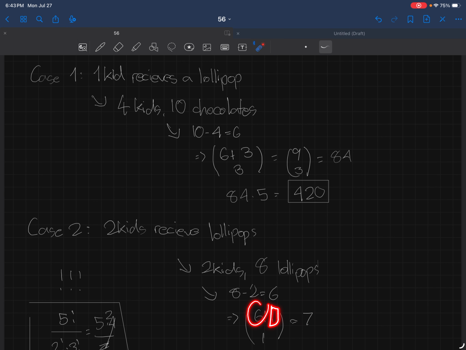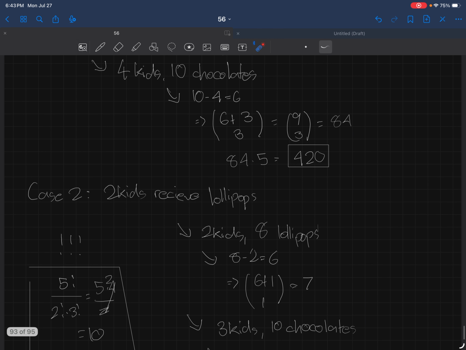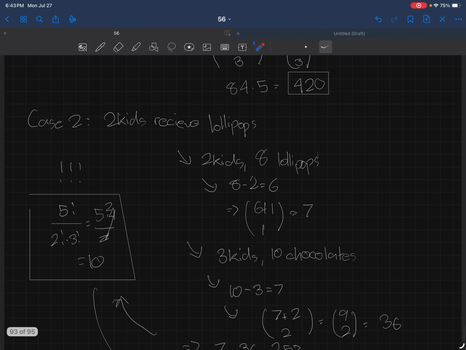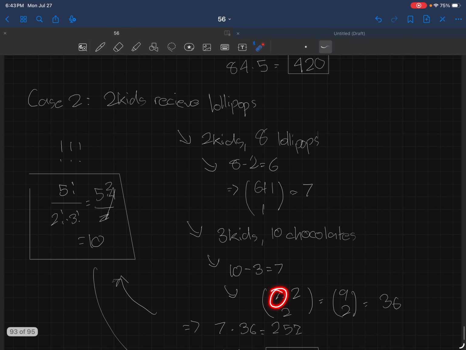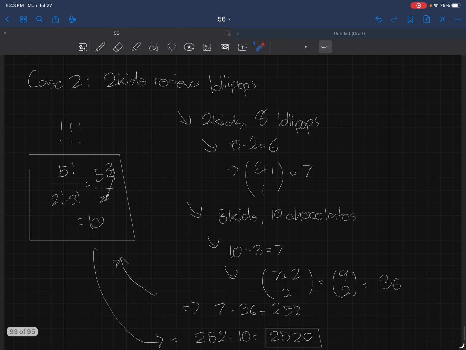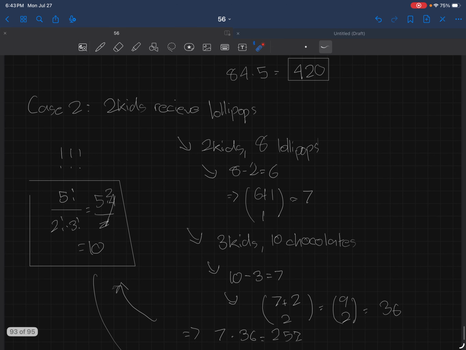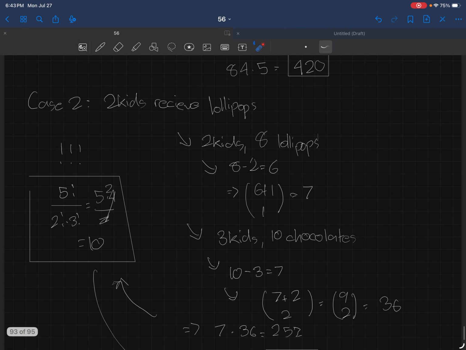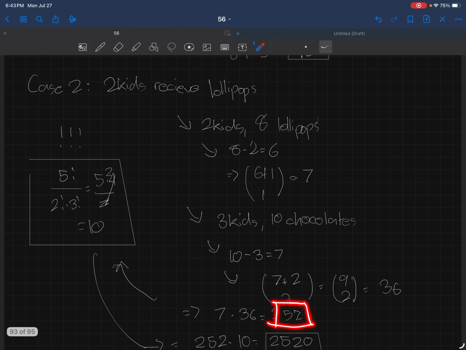There's 1 bar and 6 stars. Now we have 3 kids and 10 chocolates. 10 minus 3 is 7, which gives us 7 stars and 2 bars. Choose 2. 9 choose 2, 36. We multiply both of them together because for each one of these choices, there are 36 choices. So 7 times 36 gives us 252.